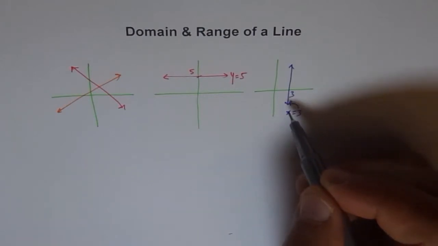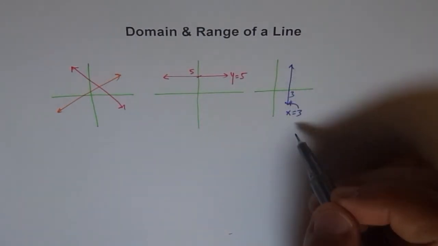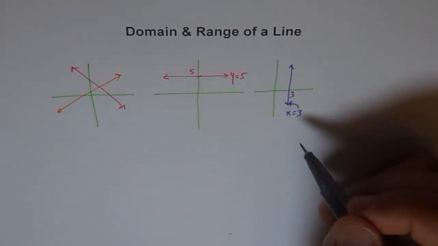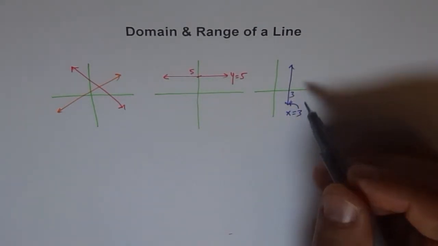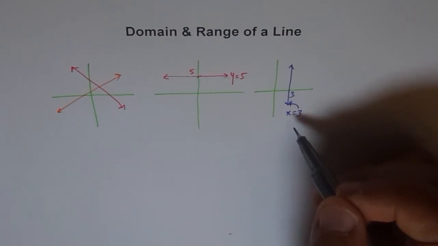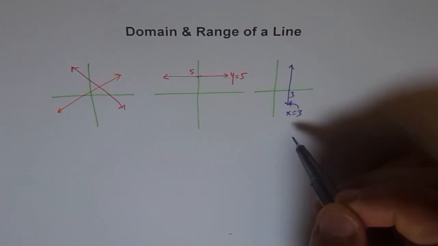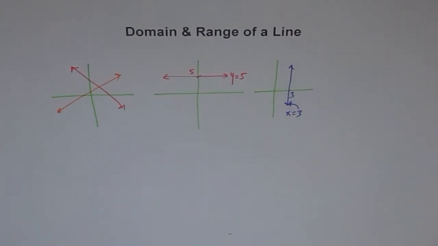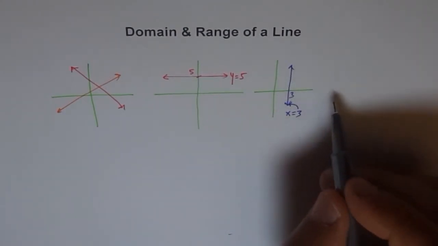At x equals 3, what are your y values? All real numbers, not just one. Any and every real number is at x equals 3. So this line has a restricted domain, and here the domain is 3 and the range is all real numbers.